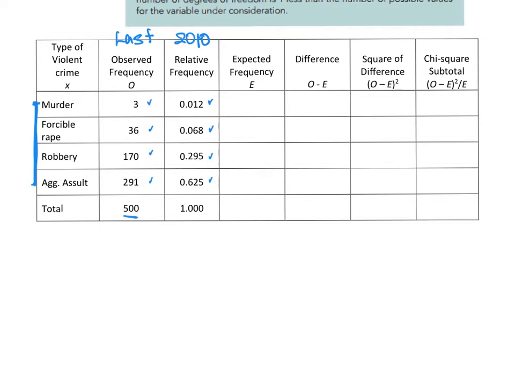Now we can take the expected count, the expected frequency, that is the sample size times the proportion. The proportion is the relative frequency and 500 is the sample size n. So I can take the multiplication: 500 times 0.012.